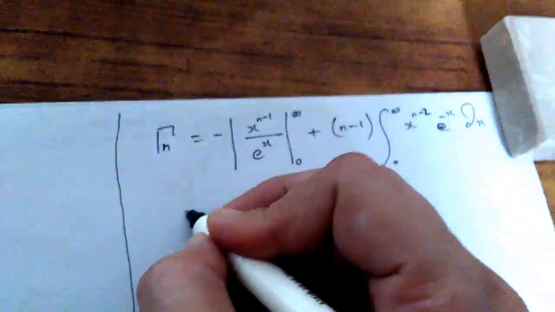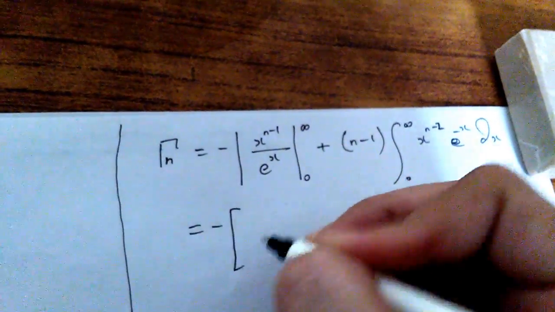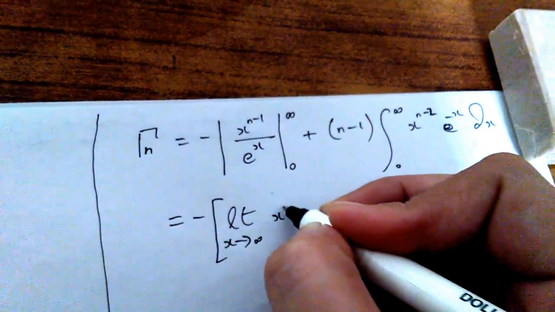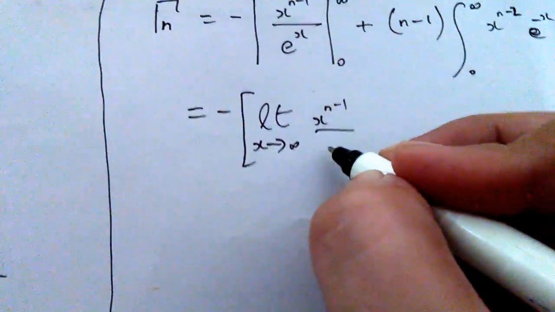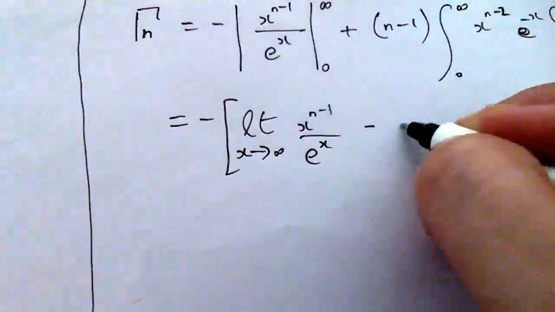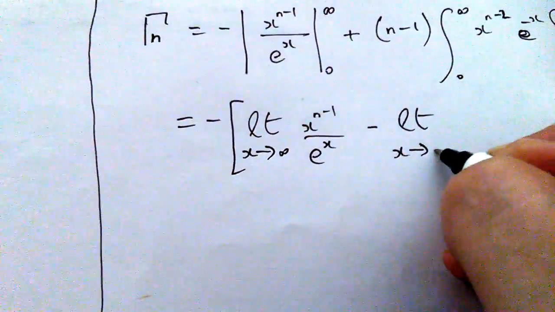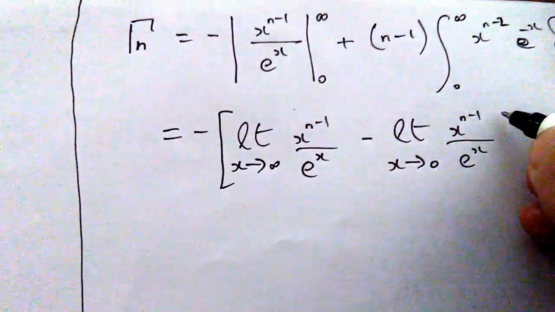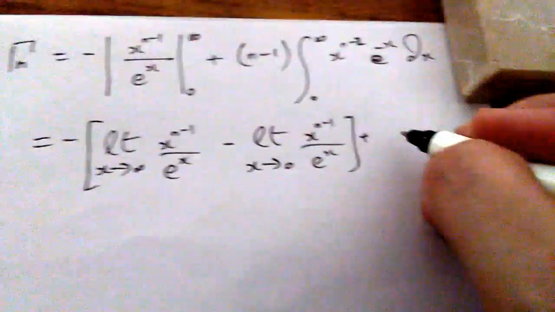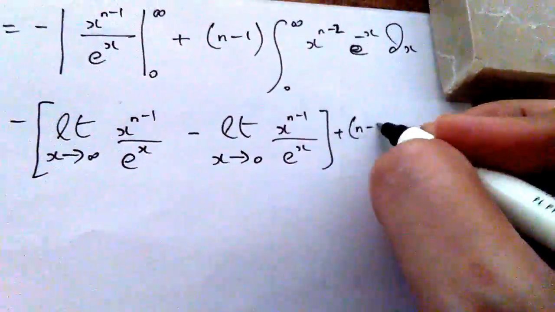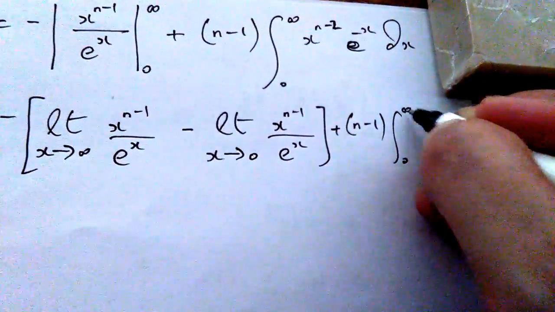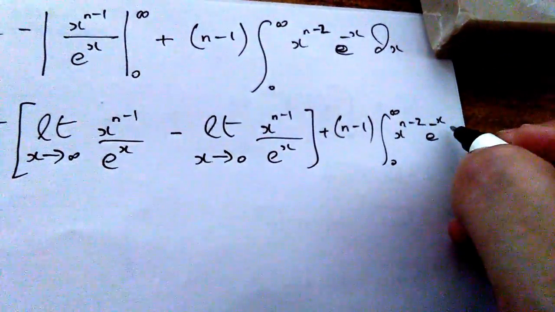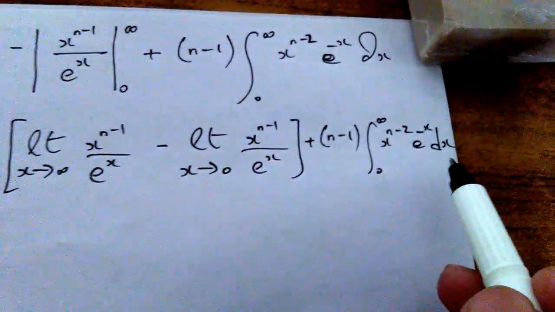So let me write it down in a proper way. I'm applying the upper limit, x approaches infinity, minus the limit as x approaches 0, like this, plus the remaining term.